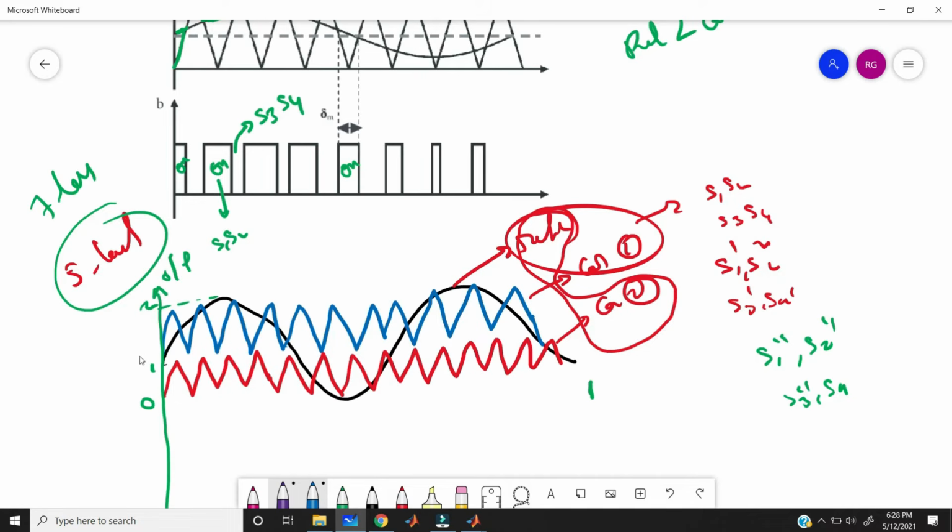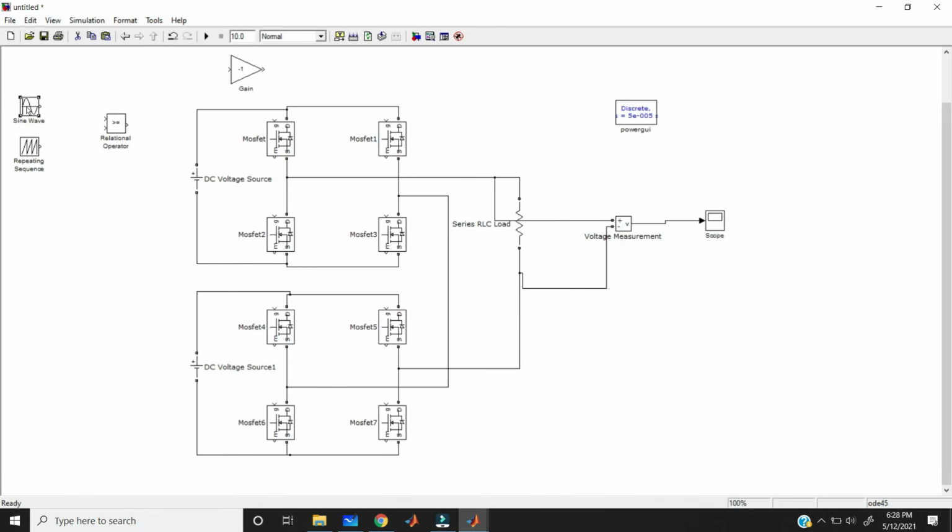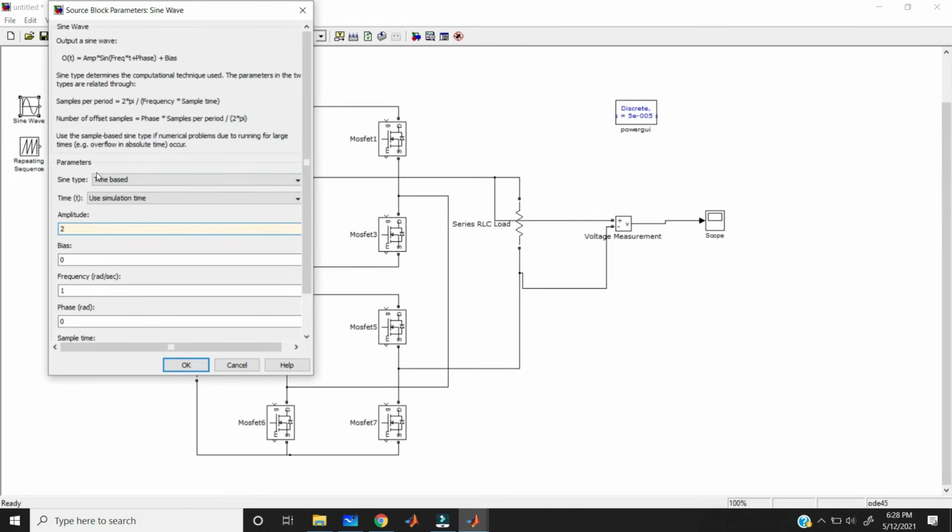So take the sine wave amplitude as 2. The frequency is 2 pi f, so take 2 into pi into f, with f as 50. Then click on OK.